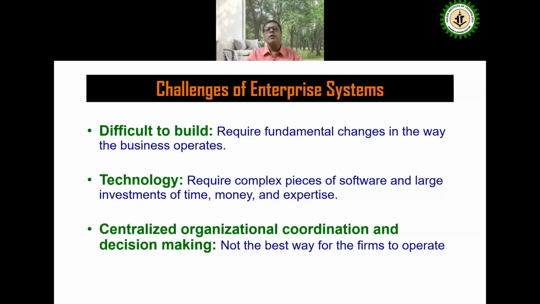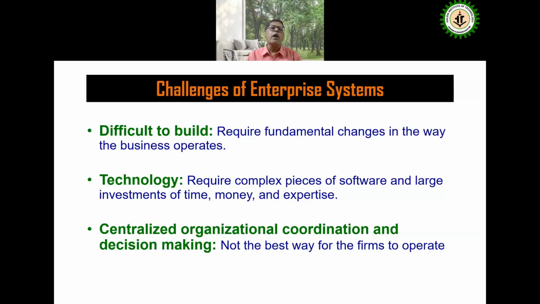But for large organizations, it becomes a difficult task because large organizations, or the companies which are having different areas of business or different wings of business such as Tata, Reliance, Aditya Birla Group, whenever they are implementing the ERP, it is quite difficult to make a centralized decision and centralized organizational coordination, because these separate wings are acting as separate strategic business units.